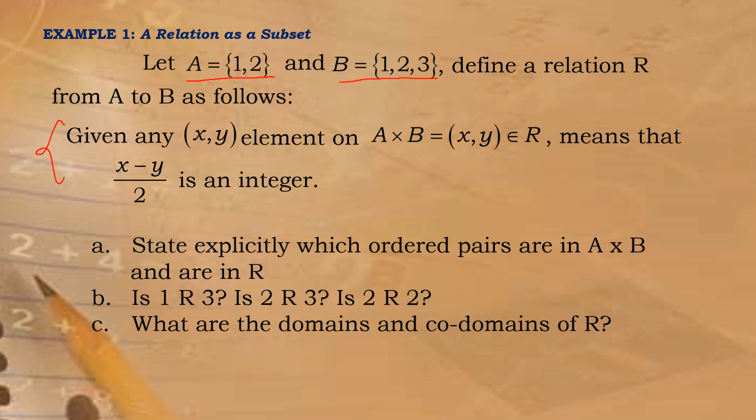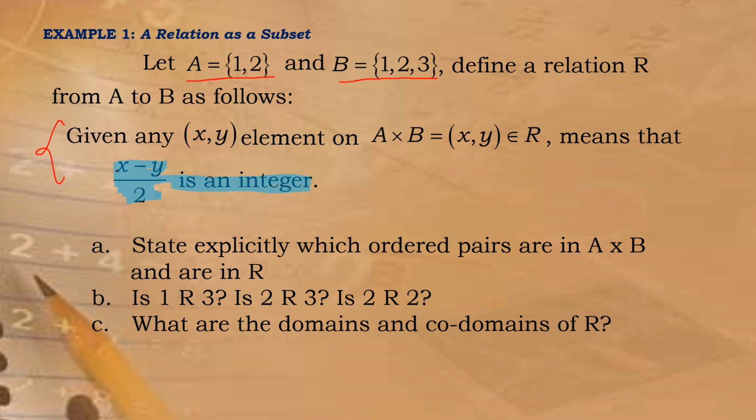Given any ordered pair X and Y, an element of A cross B, the ordered pair X, comma Y is in relation R means that, let's highlight it, X minus Y over 2 is an integer.